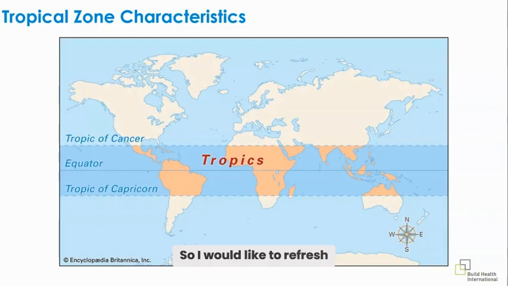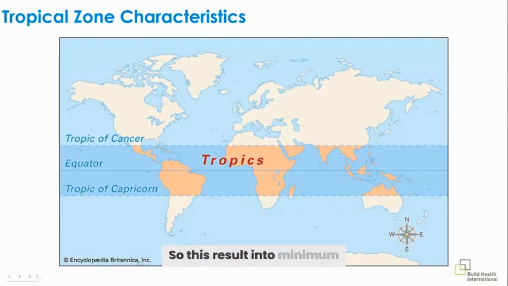I would like to refresh you about the tropical zones. The tropical zone climate remains relatively uniform, which is different from temperate zones, where they face varying conditions that may require different design considerations. Any place between the tropics of Cancer and Capricorn, the sun comes directly from overhead due to our proximity to the equator. That gives our climate warm temperature, high humidity, and regular rainfall across the year.